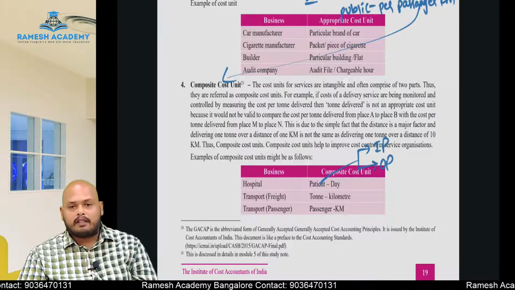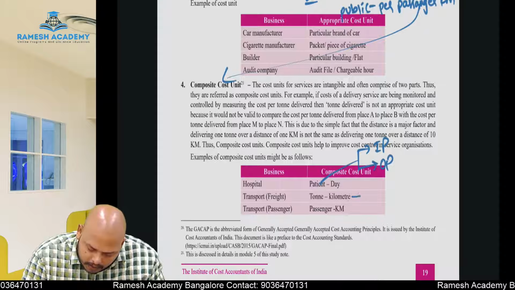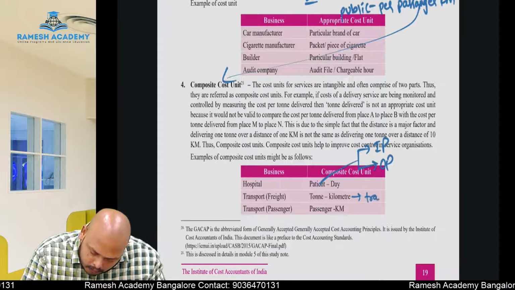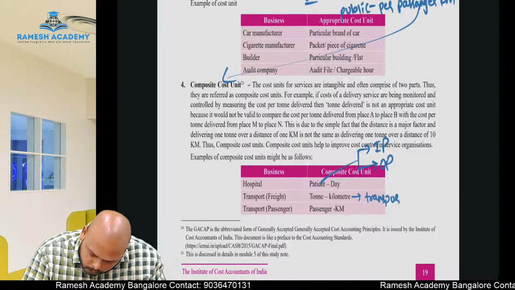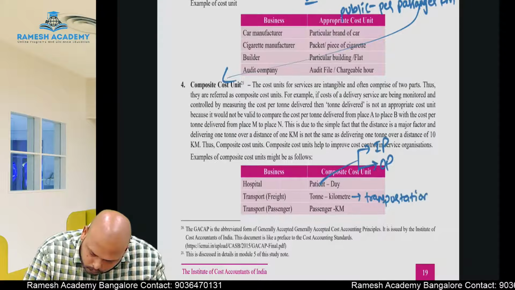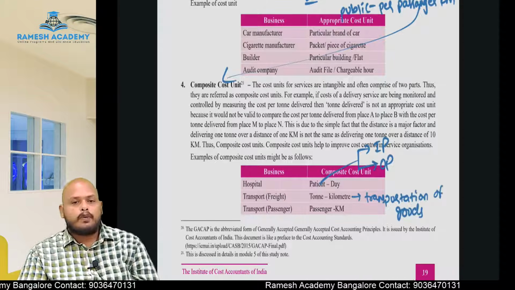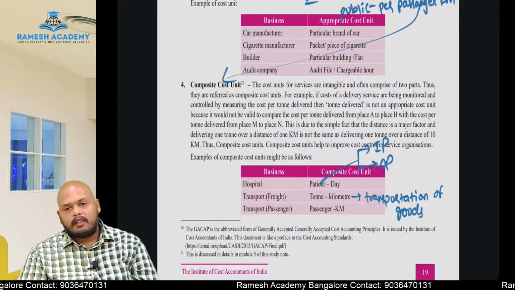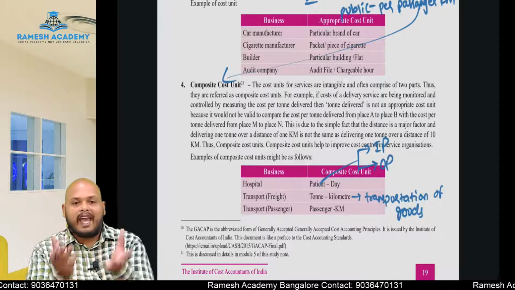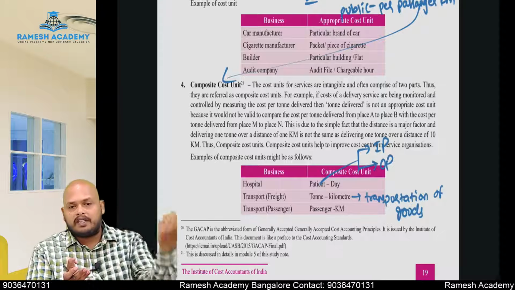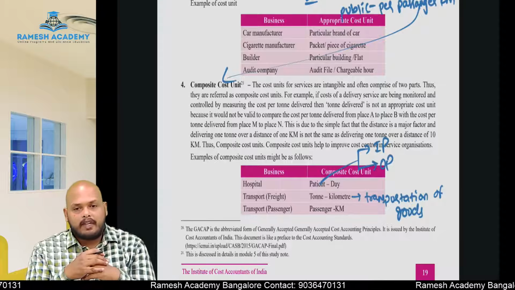Tonnage kilometers. We will use this for transportation of goods. Tonnage kilometer means if you are carrying 1 ton of goods up to a distance of 1 kilometer, what is the fare we have to charge?